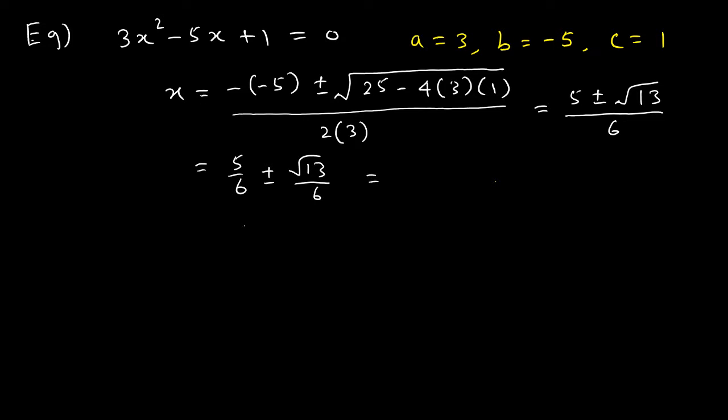So what you can do is you can leave it like that, or you can use a calculator and write the answer up to 2 decimal places. We normally write up to 2 decimal places. So if you use a calculator, you're going to get 0.83 plus or minus 0.60i. So that's the solution, either as the exact value or using a calculator as the decimal.